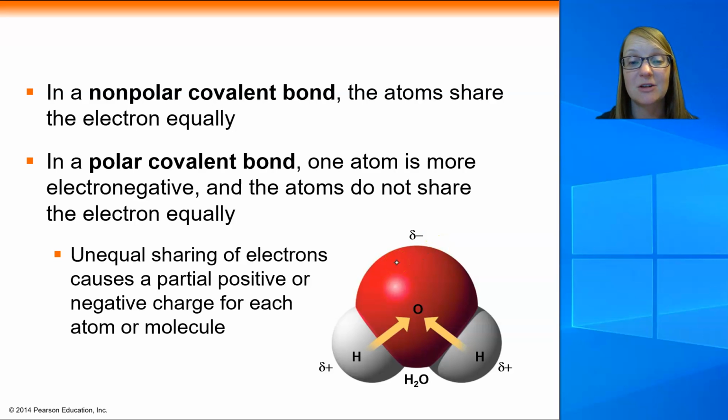It's not a full charge, but it's partial because the electrons spend more time around that oxygen than they do the hydrogen. So the hydrogen atoms, losing control of the electrons, develop a partial positive charge. So this water molecule here becomes polar. One end has a partial negative charge and the other end has a partial positive charge, simply resulting from that unequal sharing when you have those polar covalent bonds.